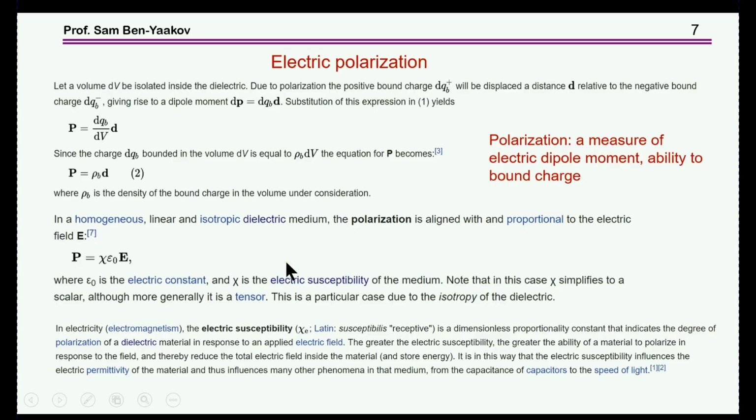So the first thing I'm going to address is polarization. Now, dielectric material can be polarized or have a polarization nature. This is very similar to the magnetization of ferromagnetic devices or materials that we are perhaps more familiar with.